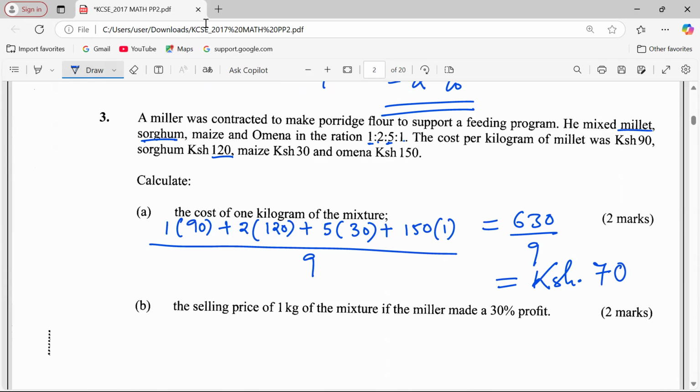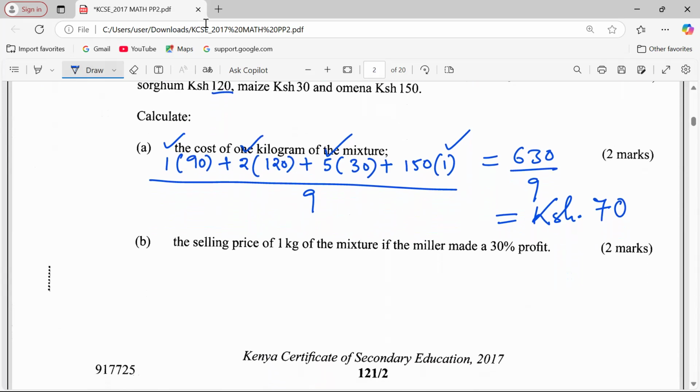In other words, 1 kilogram, 2 kilograms, 5 kilograms, and 1 kilogram are totaling to 9 kgs. And we can get the cost price of this whole mixture. Then we divide by the number of kilograms mixed. And that way, we can get the price per kg.